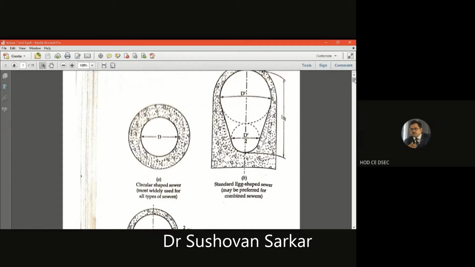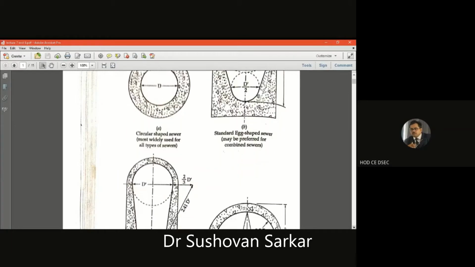Combined sewers we discussed in our earlier module, where both the rainwater, that is the storm water, which we can also call drainage water, along with the sanitary sewage flow, are carried together. Since the combined sewer contains the flow of the sewage as well as the storm water, its size tends to be increased. So here we use the standard egg-shaped sewer, which is preferable to the circular sewer for this particular type of sewer. You also generally see it under road construction.